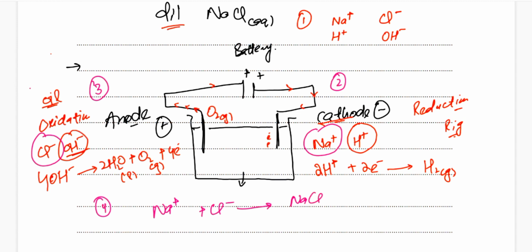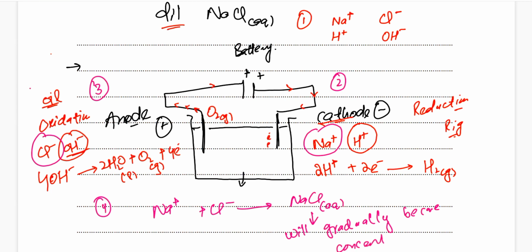But H from here and OH from here are released, so we can say that the solution of sodium chloride, the aqueous solution, will gradually become concentrated.